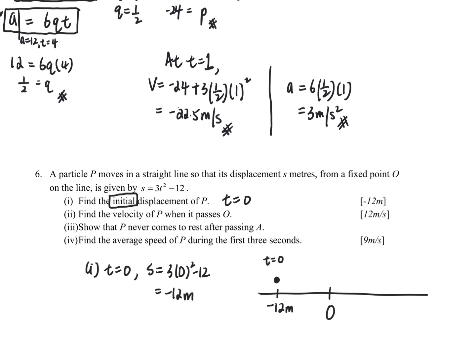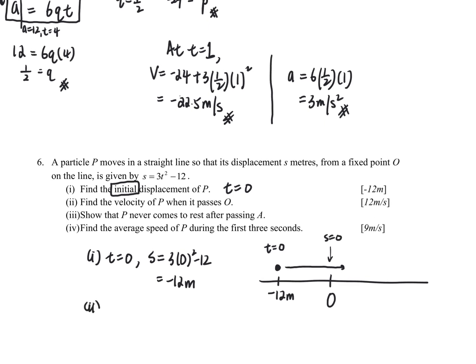Okay? Next it says find the velocity of P when it passes through this point. So what do you think the question is saying? S equals 0, meaning when you are at your origin point, S is equal to 0 here. So they don't tell you directly, but you must understand what the question is saying.